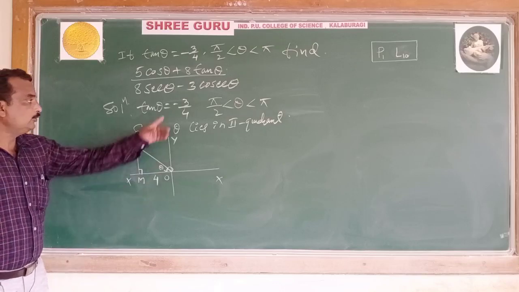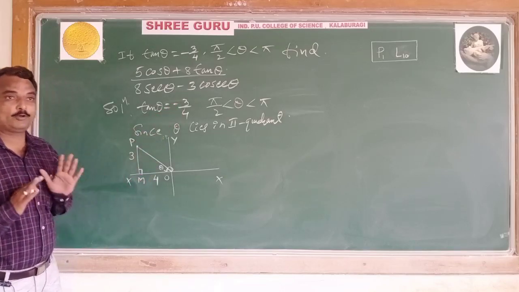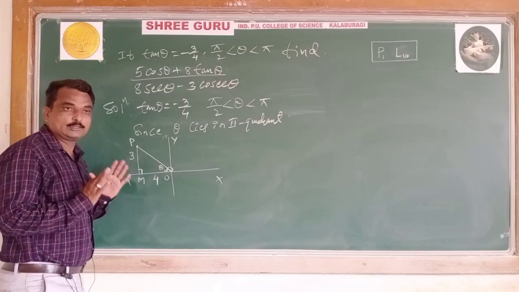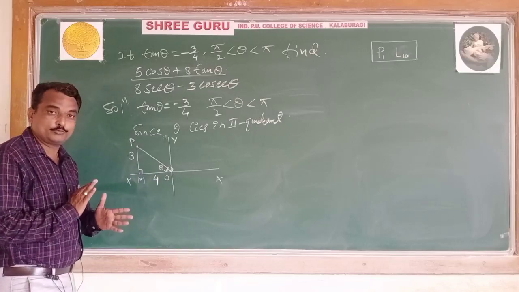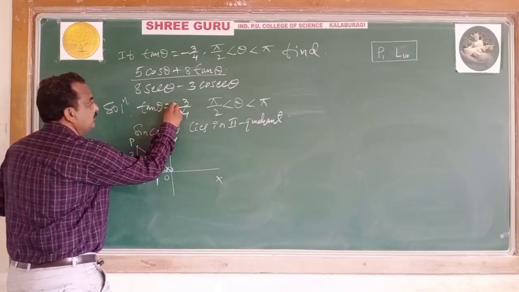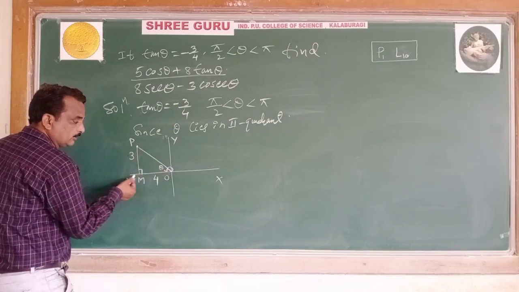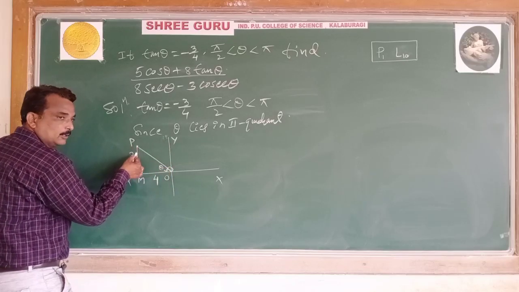Tell me, students, you should take the positive and negative signs according to the axis. That is important here; I have told you in the previous classes and calculated some examples. See, this is negative. This is on the negative x-axis. The opposite side is parallel to the positive y-axis.